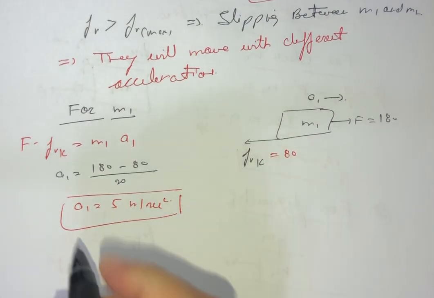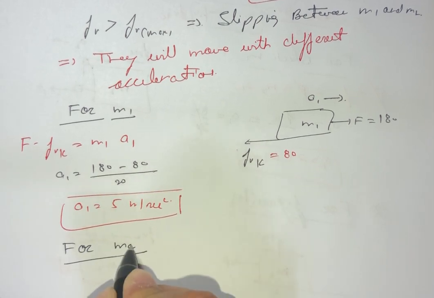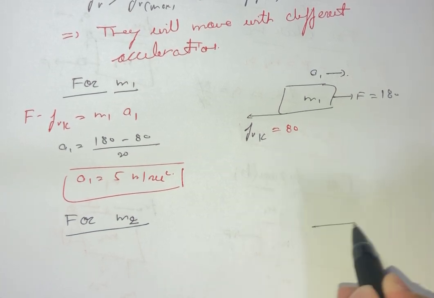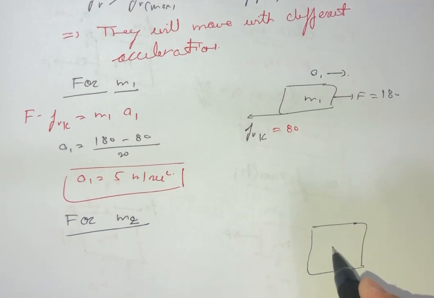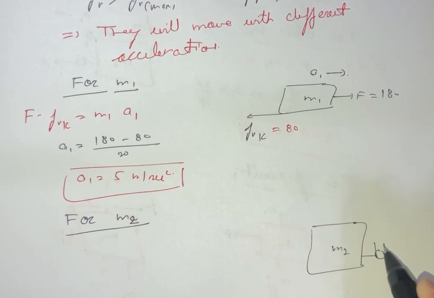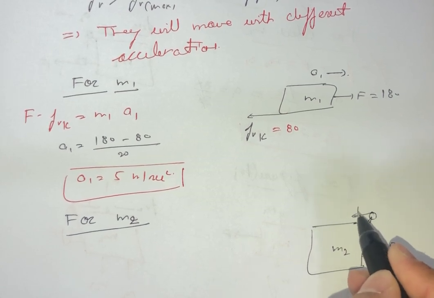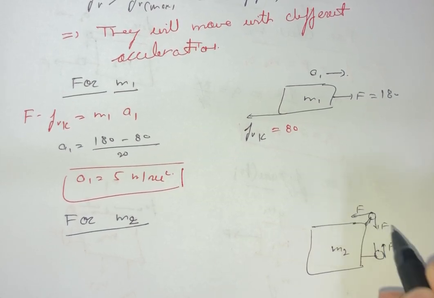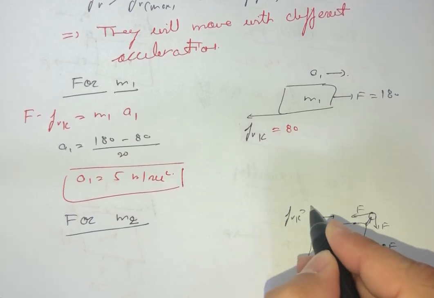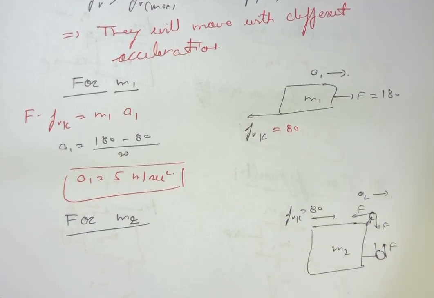And similarly for M2, we already have the basic diagram. This is our M2, we have a pulley here and in this direction F, and it will be F here also as well as here, and we have a friction Frk whose value is 80, and it is moving with A2 in this direction.